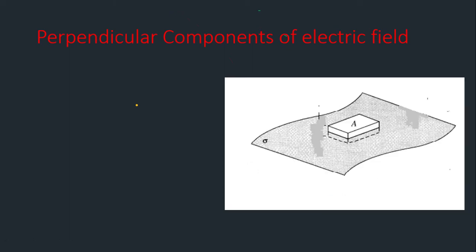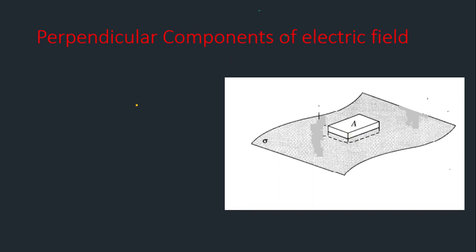We draw a Gaussian pillbox. Half of the pillbox is above the surface charge and the other half is below. It has cross-sectional area A, and this Gaussian pillbox has 3 sides.